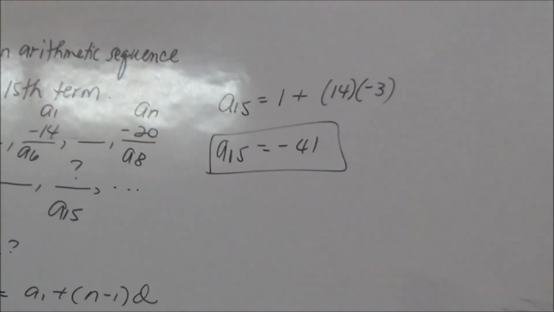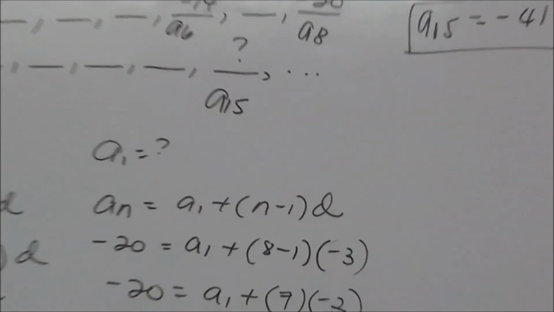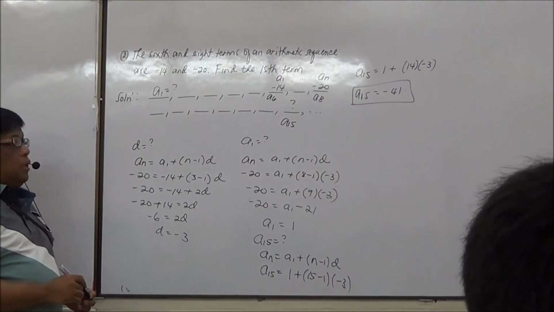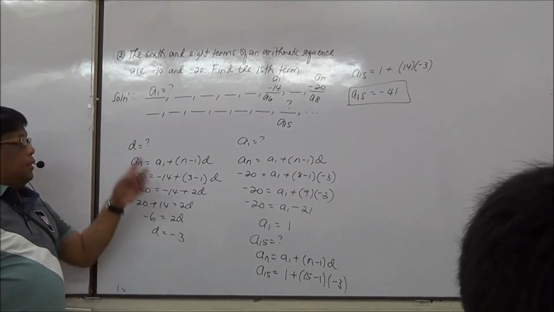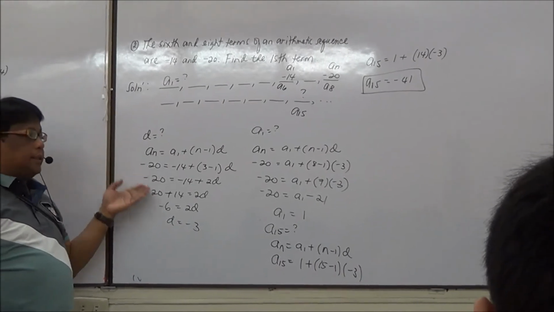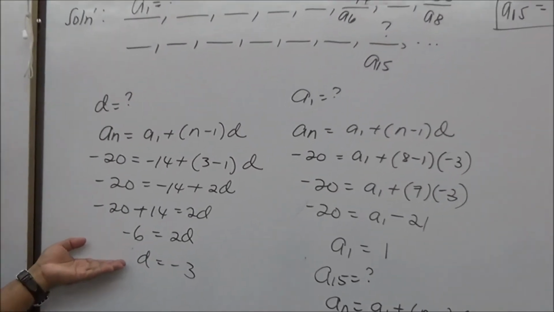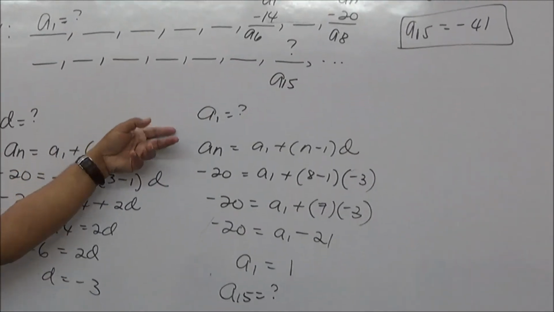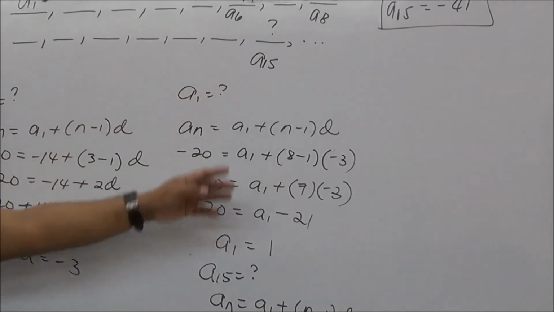So this is how we determine the 15th term of the sequence when you are only given the 6th and 8th term of this sequence. As you can see, you need to find first the common difference d. Then after that, you need to define the original a1, which is the first term also. And then you can now define a15.